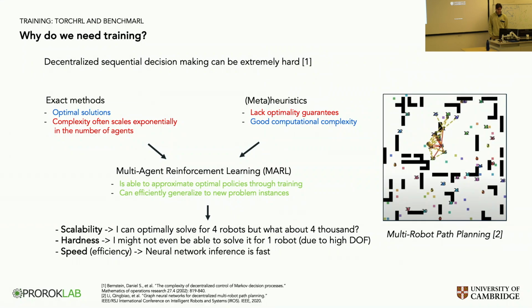Even then, I might need to learn a solution because I don't have a real model. The other one is speed. Training could take arbitrarily long, but at inference time, when you deploy your neural networks, inference is usually very fast, and does not depend on the number of robots.